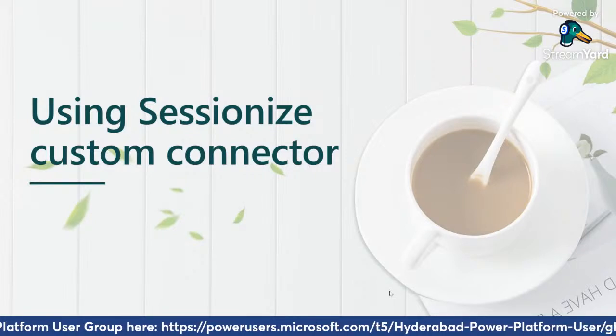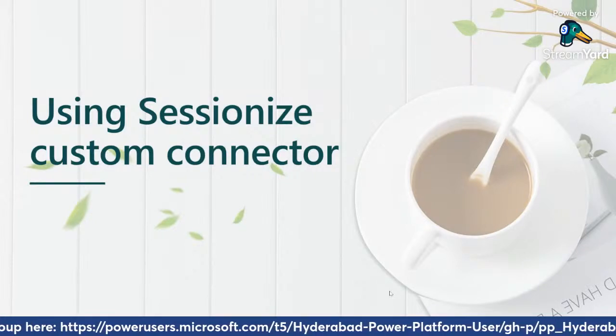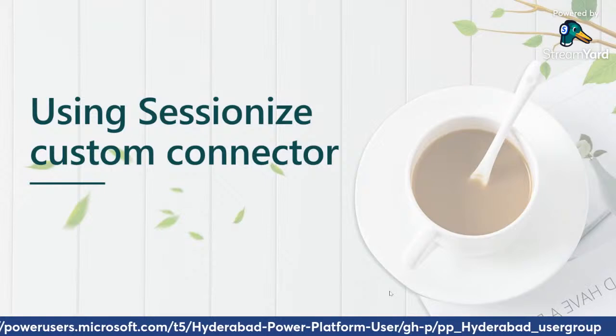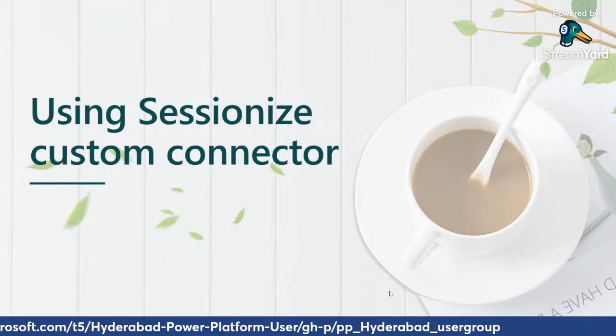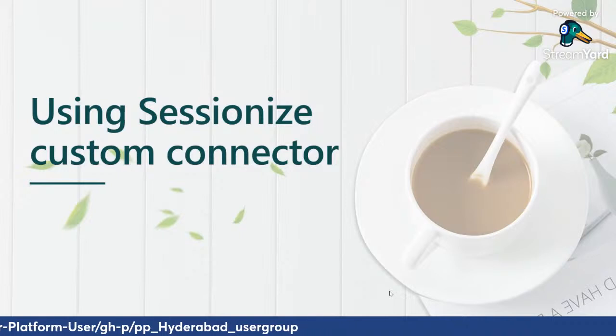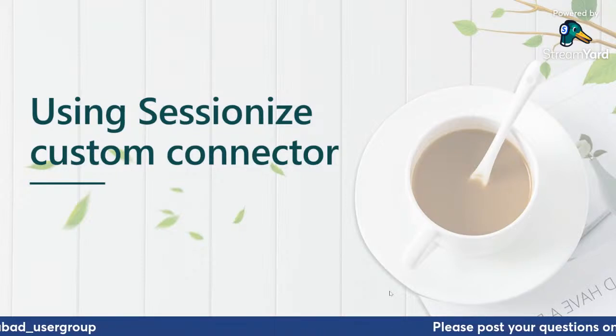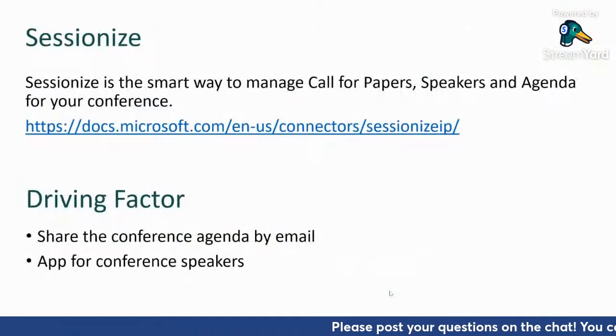The connector that we had created on top of that will help you connect to Sessionize to get the conference related information about all of the speakers we have got, all of the sessions, and the conference agenda. And again, this connector can be used with Power Apps, Power Automate, and Logic Apps as well.